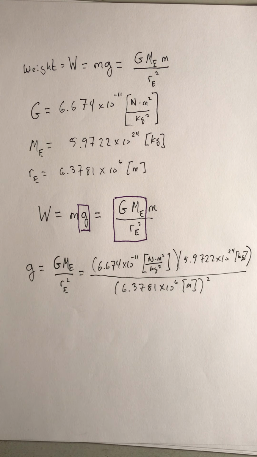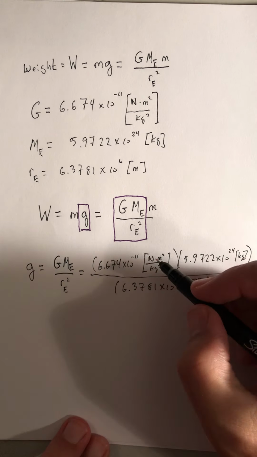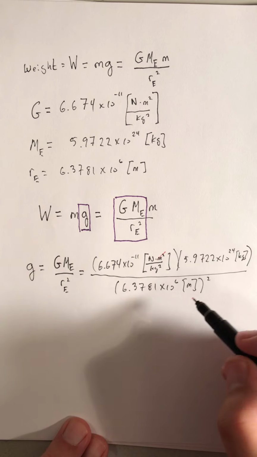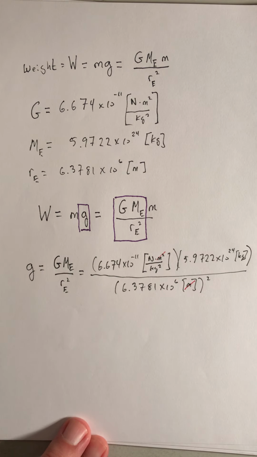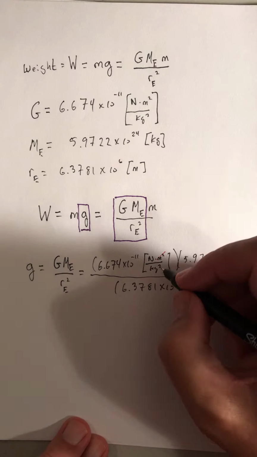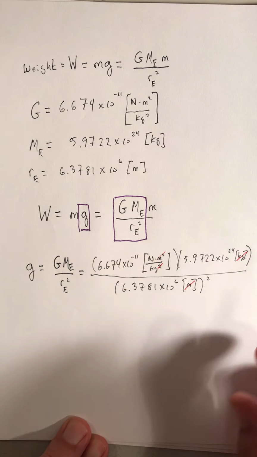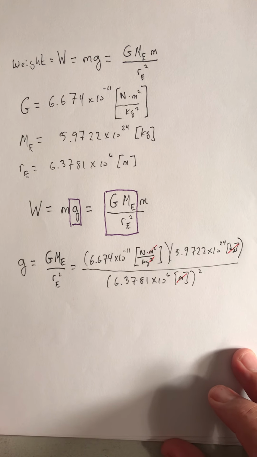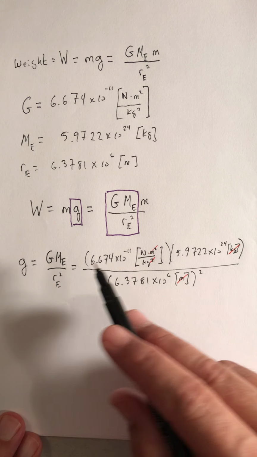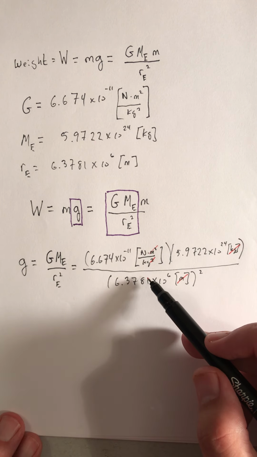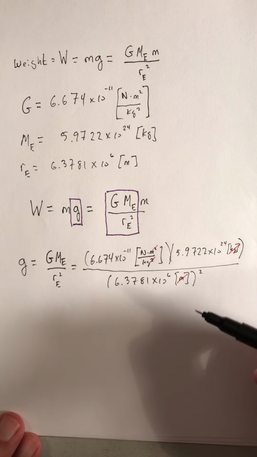Let's check our units as we're going through here. So I have meters squared up top. It's going to cancel out with that meters when we square it. And then 1 power of kilograms there. Cancels out kilograms. So we're going to get an answer for a little g that is newtons per kilogram, which is also meters per second squared.